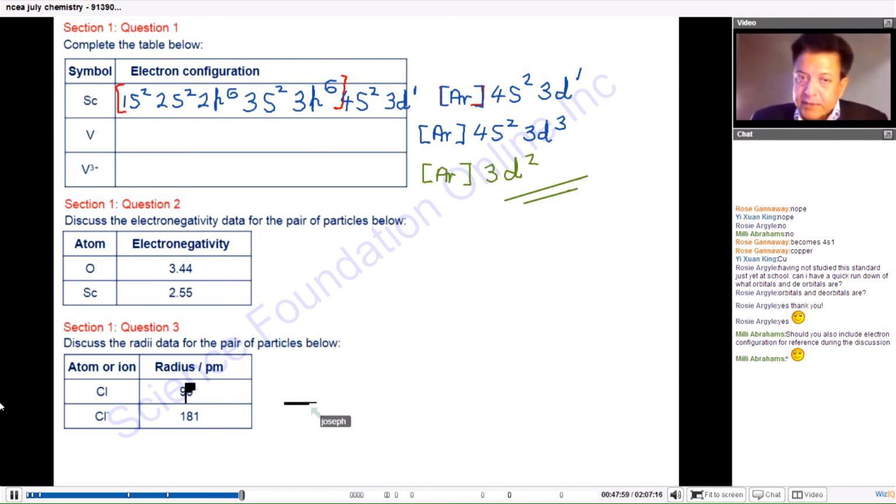So your answer is valid if you pointed out the following things. Cl and Cl minus both have the same nuclear charge. The shielding effect is the same because the electrons occupy the same shell. The outer electrons are in the same shell for both of these.